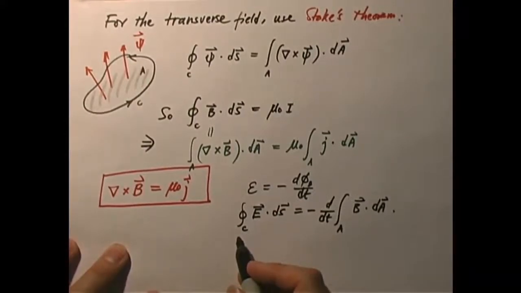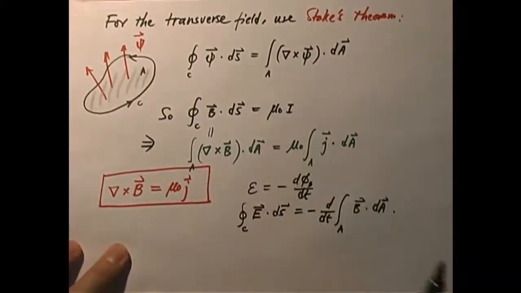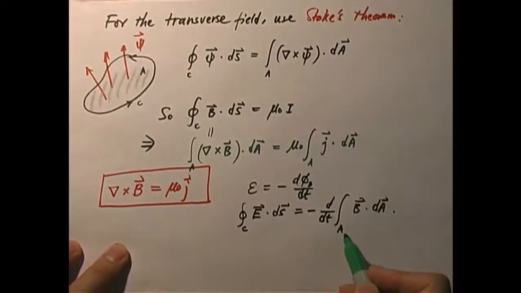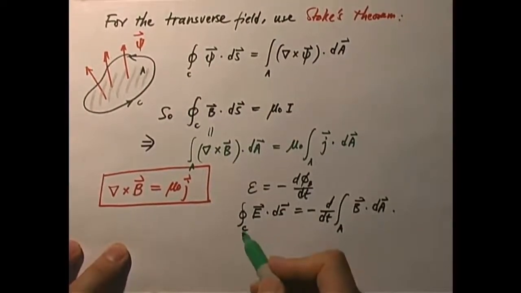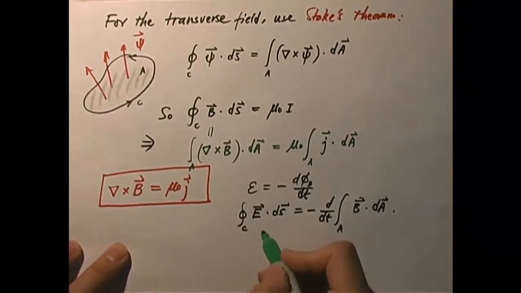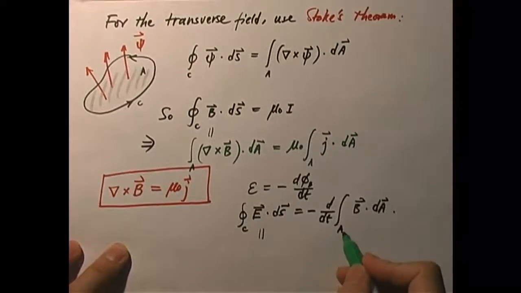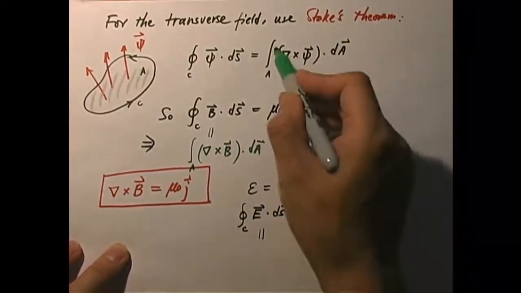Now we use the same idea as we have here, and that is I'm going to convert both sides to an integral over the same range. Right now the right-hand side is over the area A, the left-hand side is over contour C, which encloses the area A, so I'm going to convert that contour integral into an integral over the same exact area A using the Stokes theorem again.